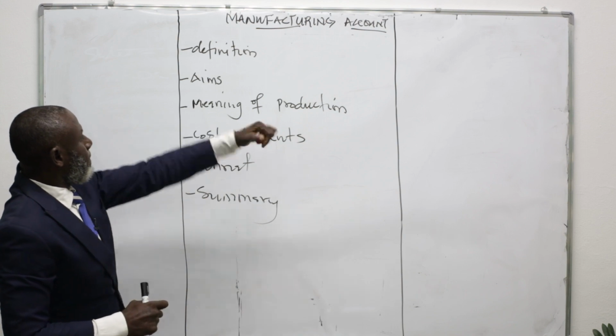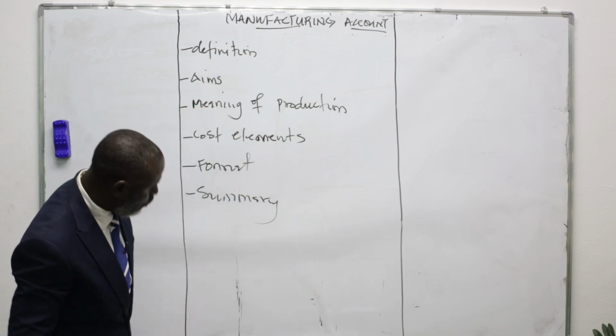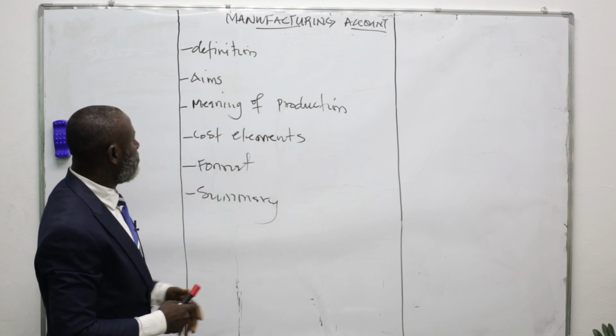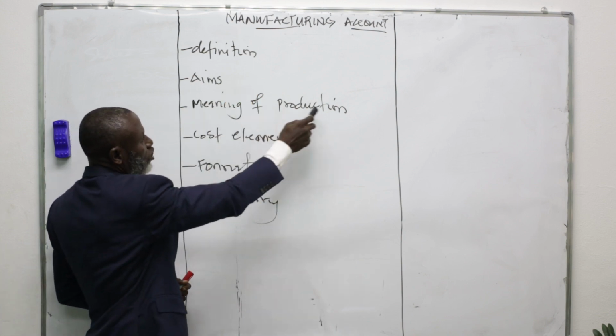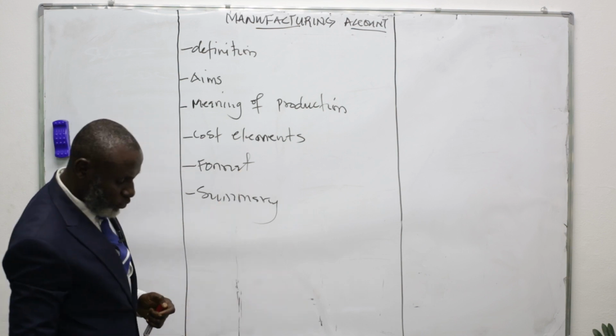So we would want to carefully run through the definition of the manufacturing accounts. We'll look at the aims, we'll look at the meaning of production or manufacturing. We'll look at cost elements, format, and then we summarize.